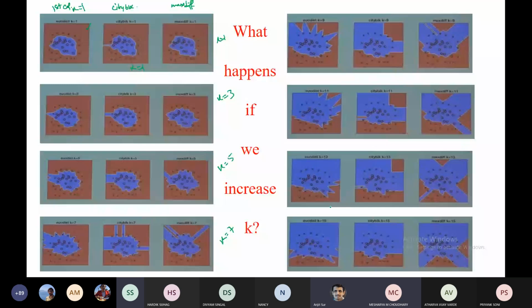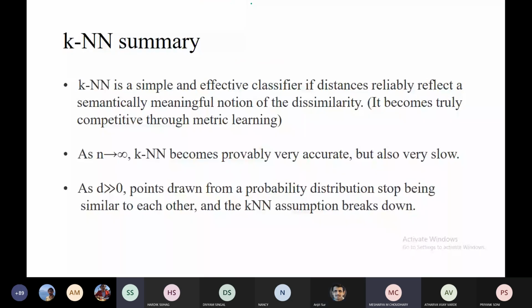So definitely the k value is also a very important aspect here. What about the optimal k value? It is not that a very high k is always better. If you try to understand what I'm trying to say, k means the number of neighbors.